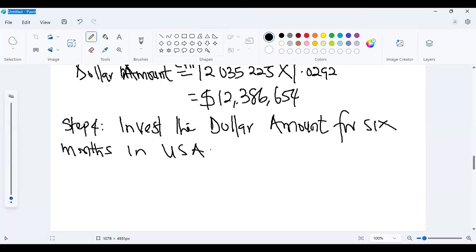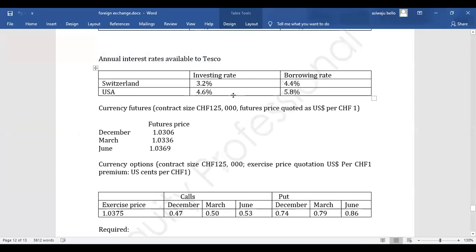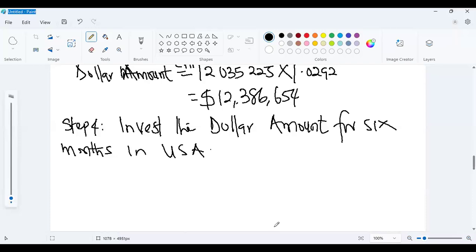What is the investment rate in US? Look at it, please. Investment rate in US is 4.6%. That is the annual investment rate. But we are going to invest for 6 months.